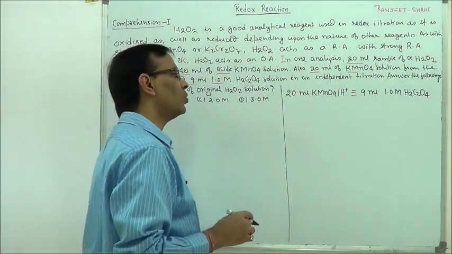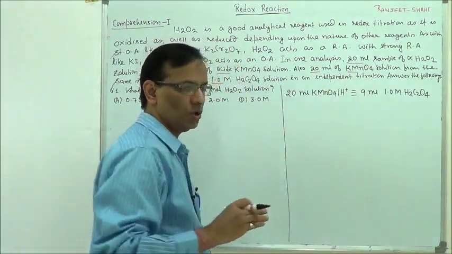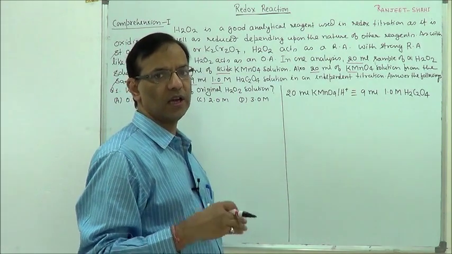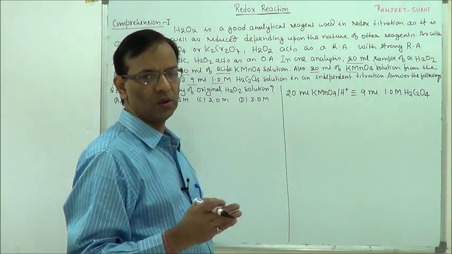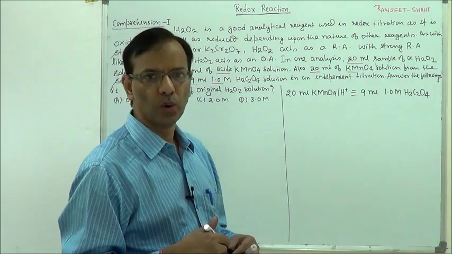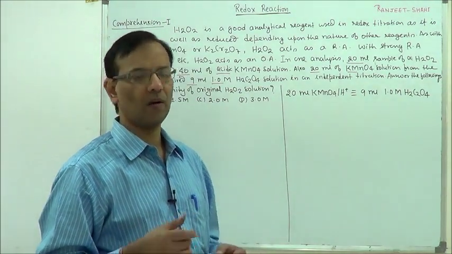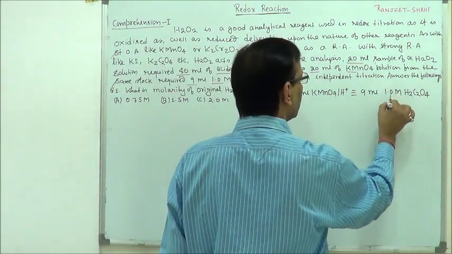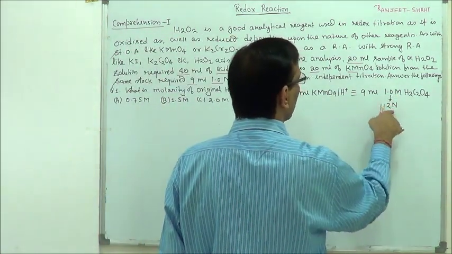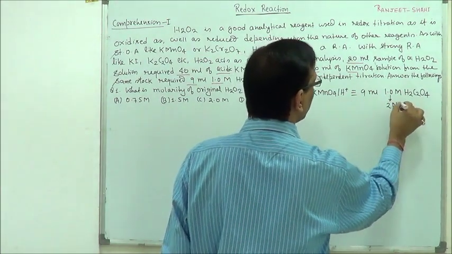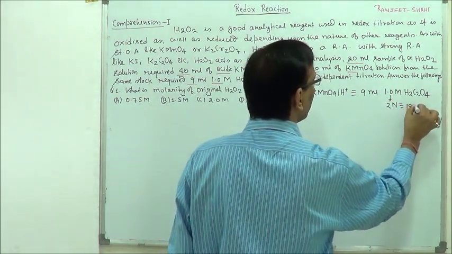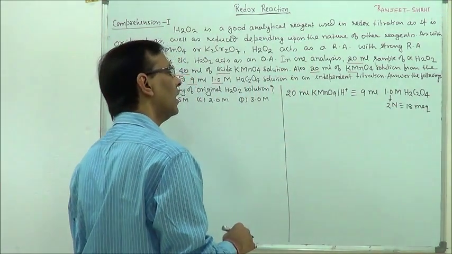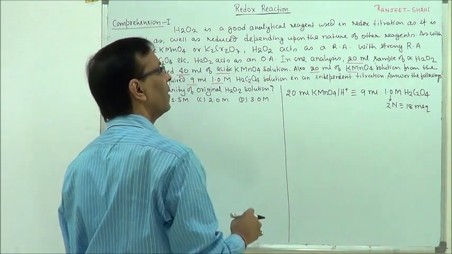And we know that as a reducing agent, the n factor of oxalic acid is 2, as oxalic acid is oxidized to CO2. So there is a change of 2 units in oxidation number for 1 molecule of oxalate ion. So n factor is 2, so 1 molar is 2 normal. So normality into volume corresponds to 18 milli equivalent of oxalic acid, and therefore 18 milli equivalent of potassium permanganate also.